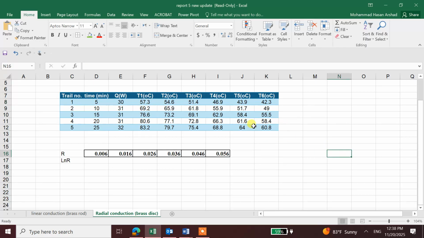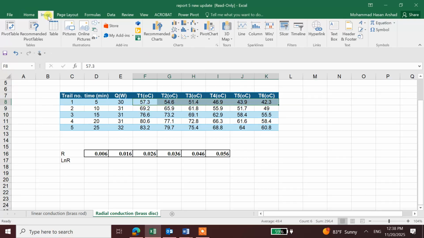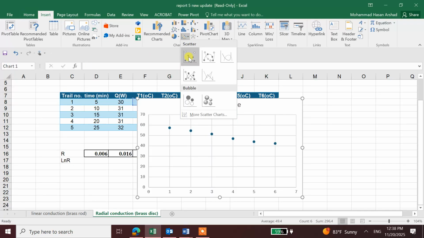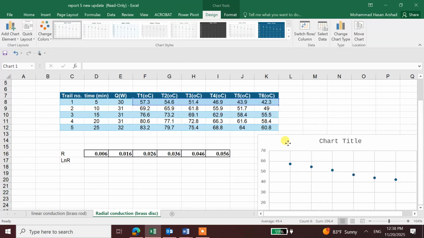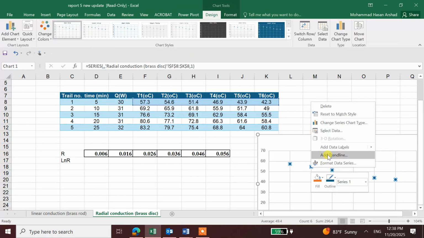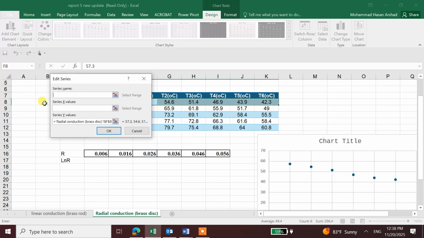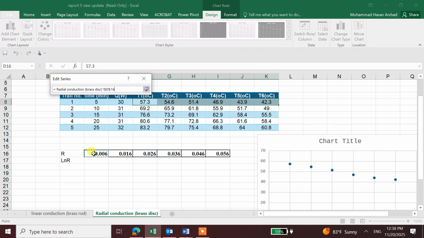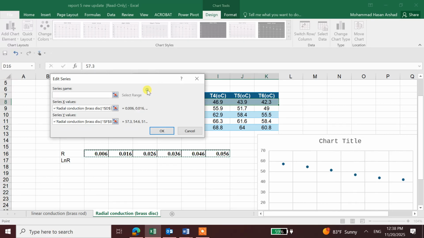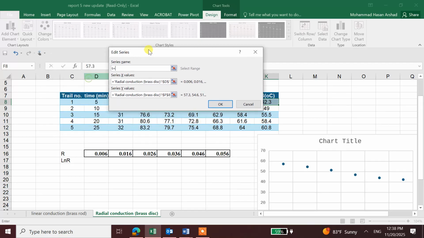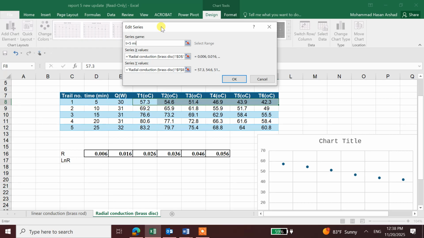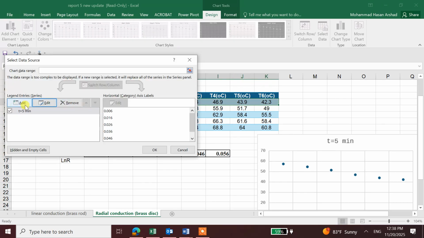So what you can do again, you can plot this. If you want, I can do it again, repeat it. So if you can plot this one, okay, with R. This is the radial position. Okay, this time t equal 5 minutes. Okay, keep adding.